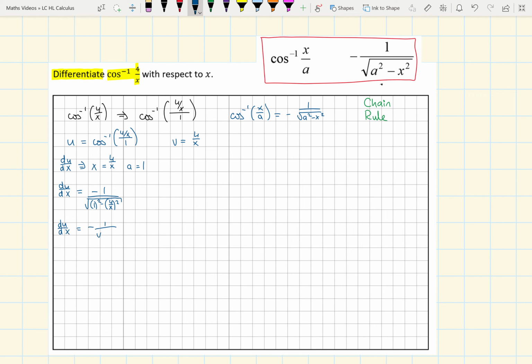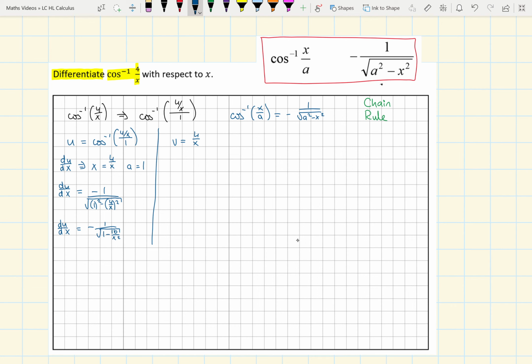Minus 1 all over the root of 1, and then a little bit of tidying up here. I'm going to get 1 minus 16 over x squared, and we put that under the root. So that's u part differentiated.